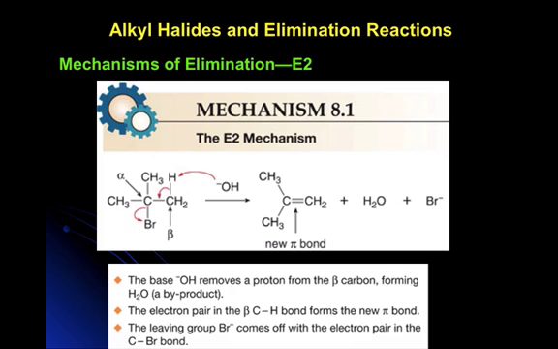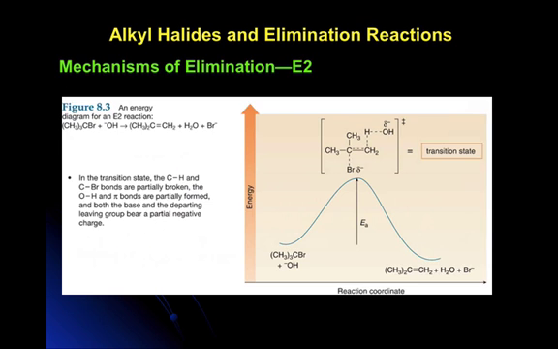The only difference here between this and the SN1, other than the fact that we don't have substitution going on? Can SN2 work on tertiary alkyl halides? No. But E2 can work on tertiary alkyl halides. So the hydroxide is coming in, removing the hydrogen. The carbon-hydrogen electrons are forming the pi bond, and the leaving group is leaving, all in one step. Okay? And that's how that works.